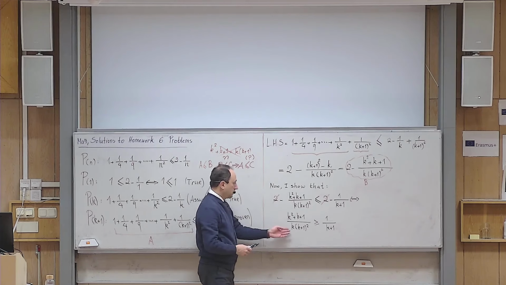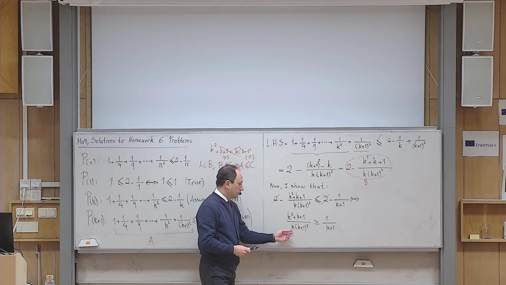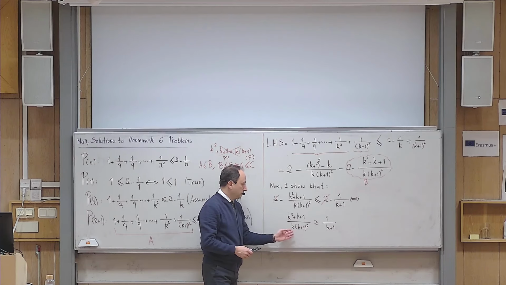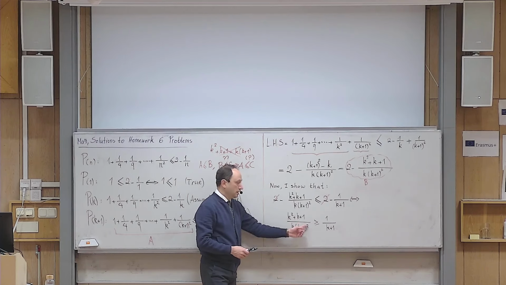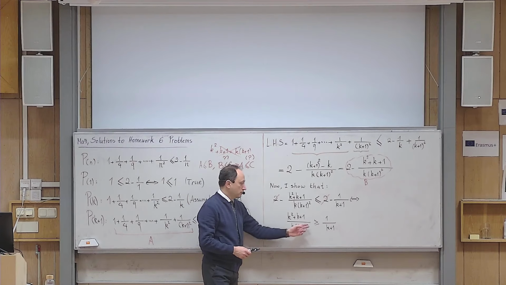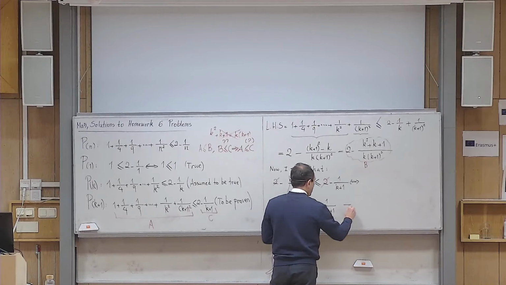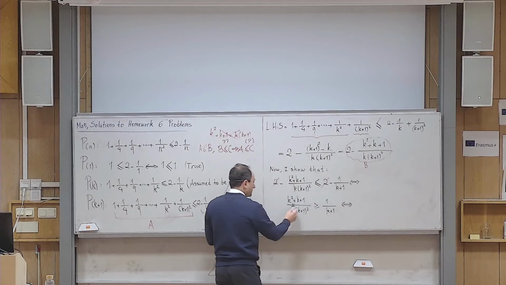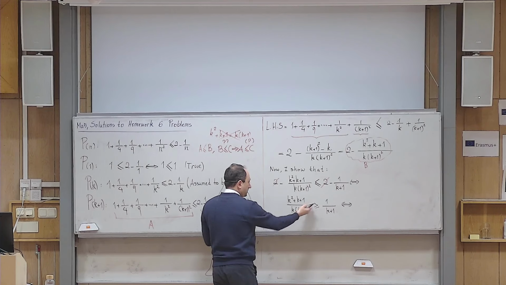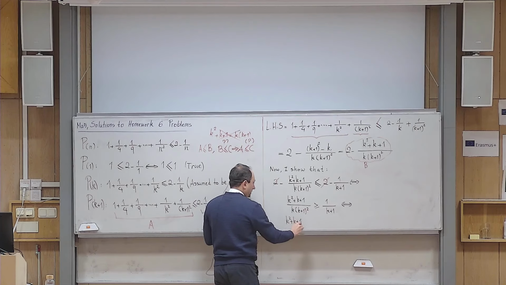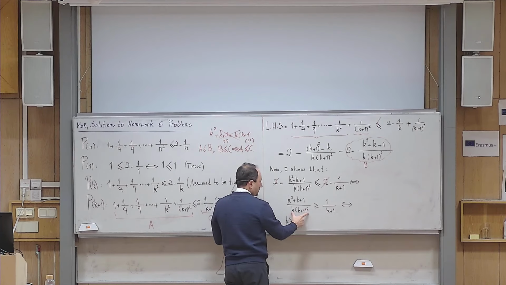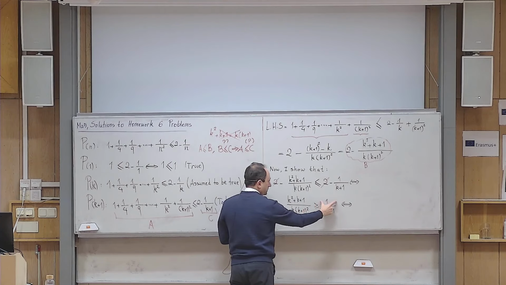And now I don't like fractions, so I multiply everything by k times (k plus 1) squared, but because k is a natural number, this combination is definitely positive, so I'm not worried about the direction of the sign. So I can go in an equivalent way and multiply everything by (k plus 1) squared. This will be cancelled. I will be left with k squared plus k plus 1. And now imagine that after multiplying, the right-hand side expression will be in the numerator.